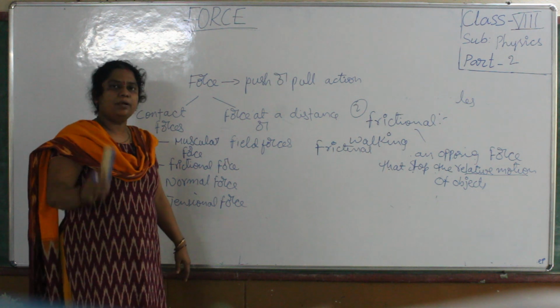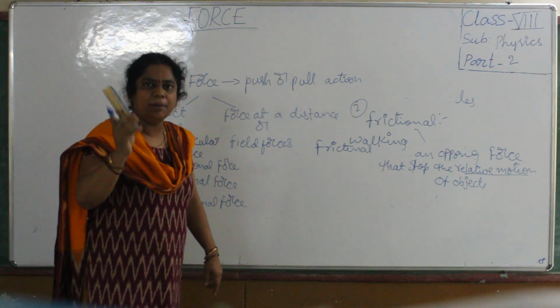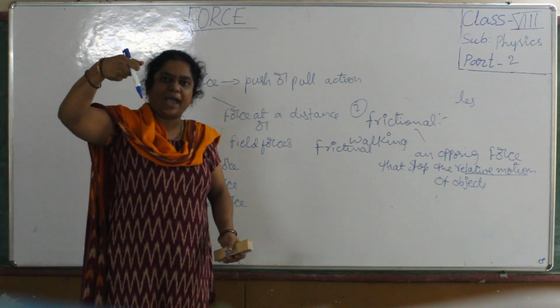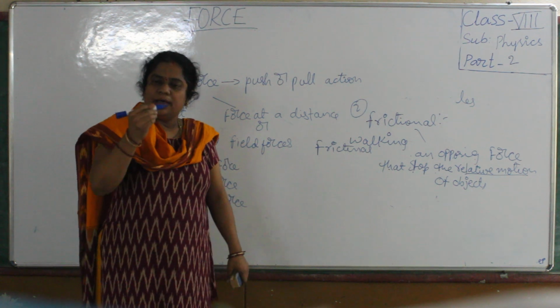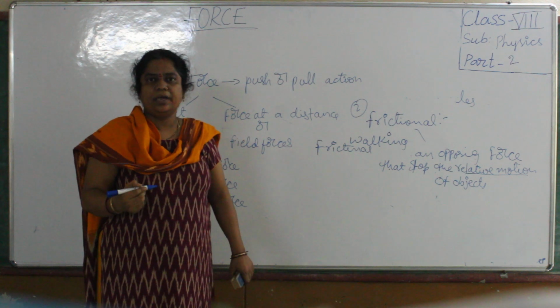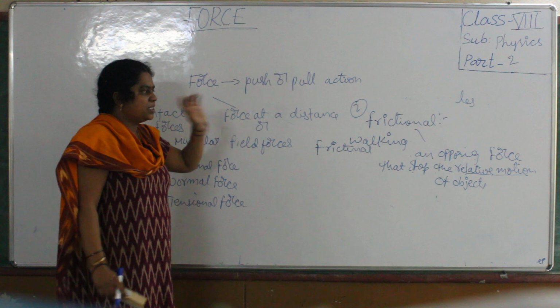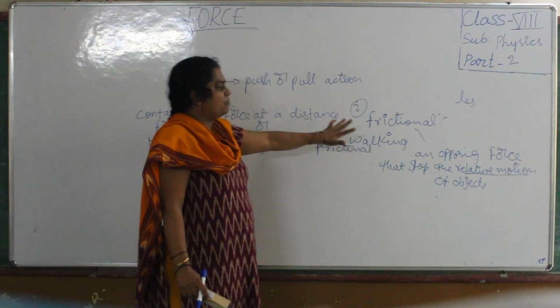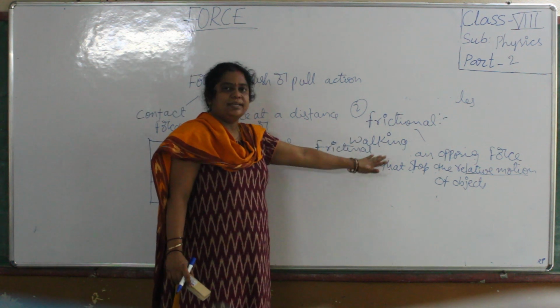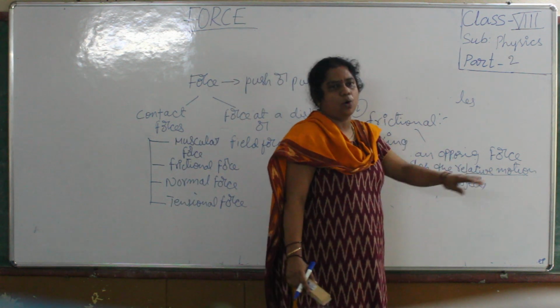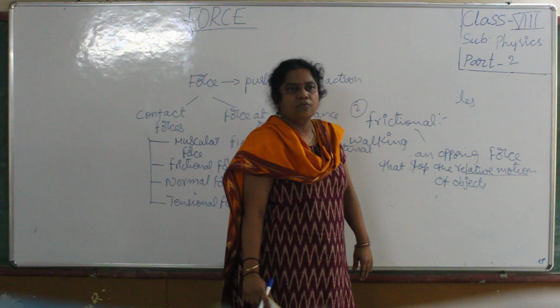The force applied by your body muscles. Lifting a bag from the ground or writing with a pen is also muscular force. And frictional force is an opposing force that resists the relative motion of objects.